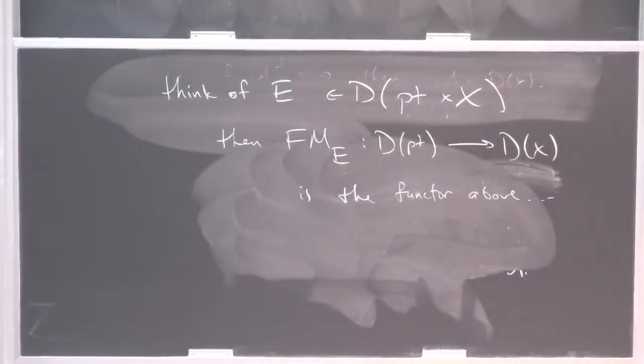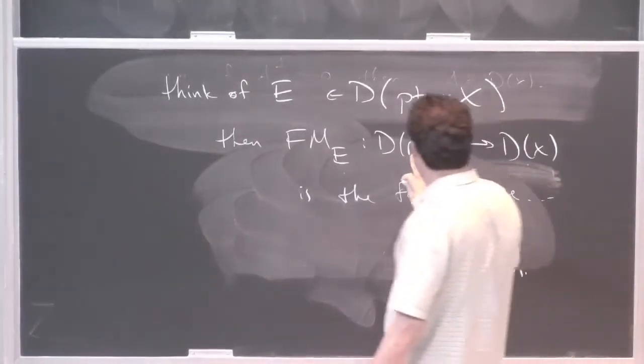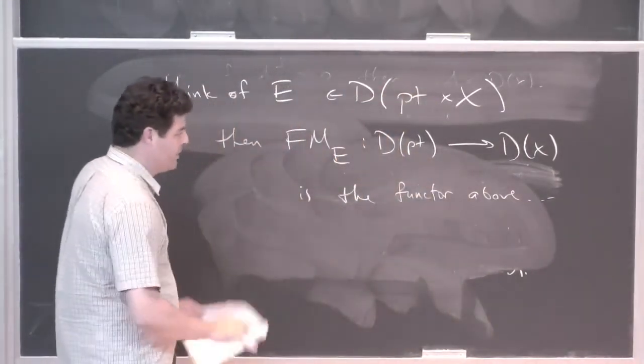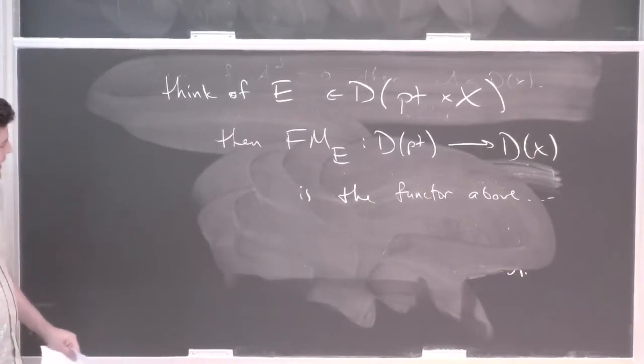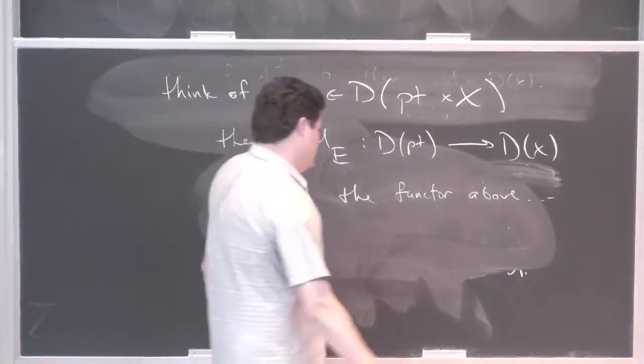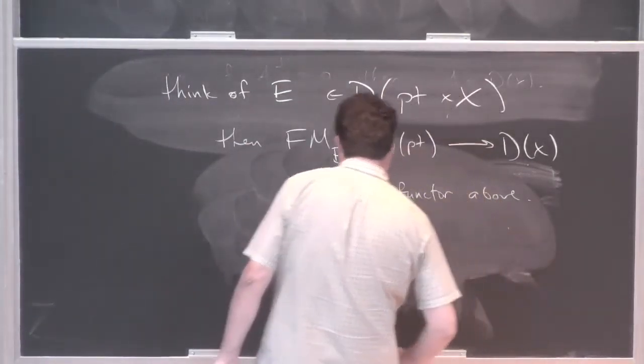This functor. You're just taking a complex of vector spaces, pulling it up to this product, tensoring it with E, and pushing forward to X.